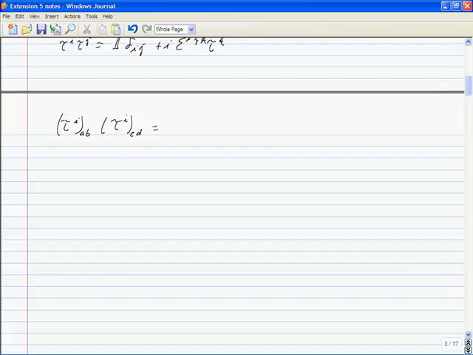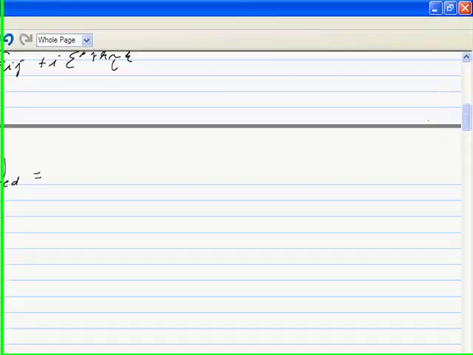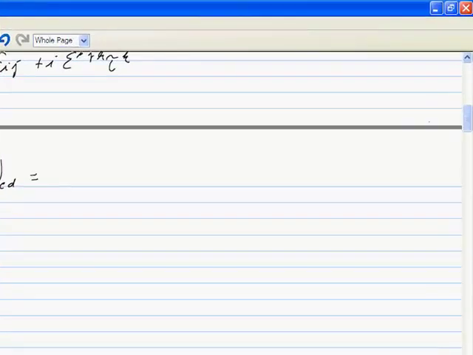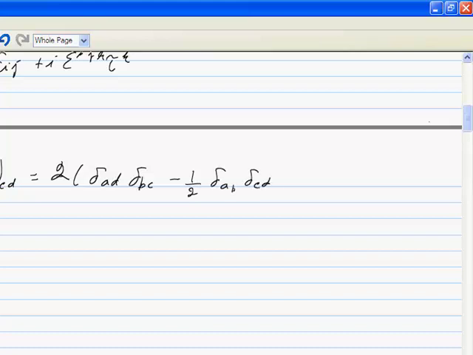These are 2x2, so A and B run over 1 and 2. The i's are summed over here, and that is 2 delta AD delta BC minus 1/2 delta AB delta CD.